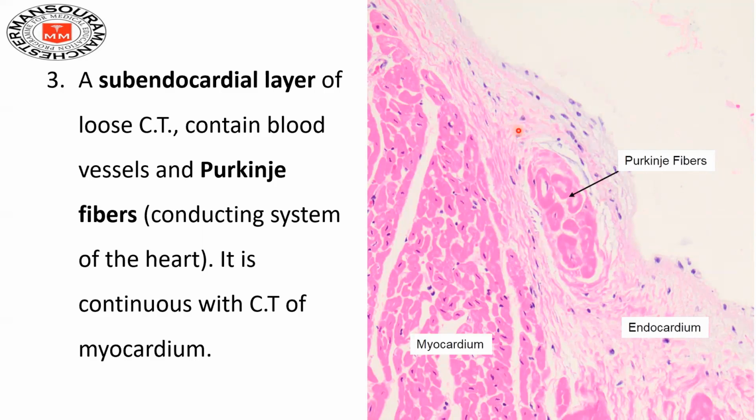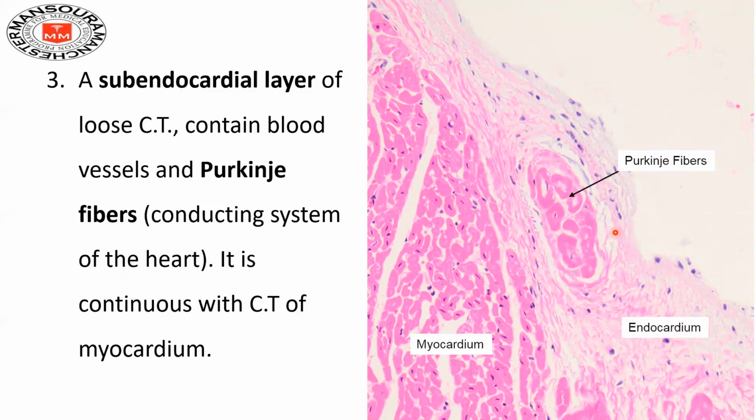Here in this part, the subendocardial layer, it's also loose connective tissue, contains blood vessels, and in addition, it contains specialized or modified cardiac muscle fibers called Purkinje fibers. Here are the Purkinje fibers. So these fibers are present in the subendocardial layer of endocardium.